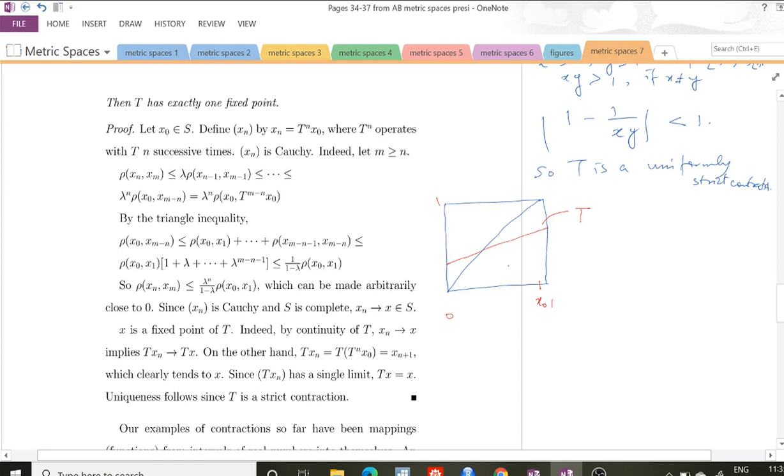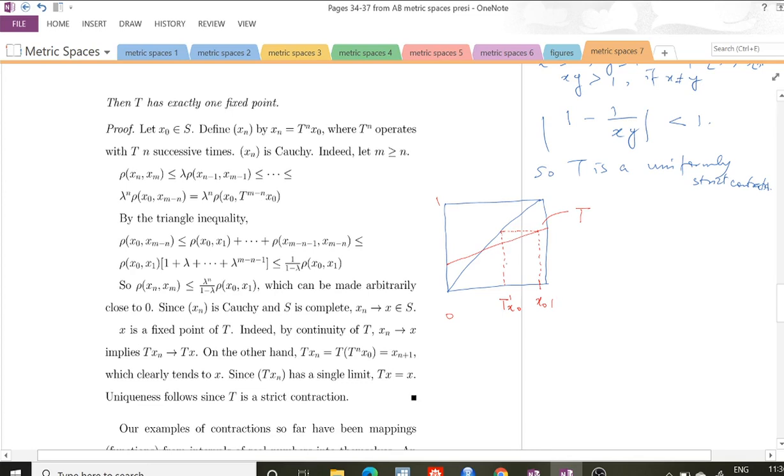So what does the sequence look like? If I operate once, that's my Tx naught. And what does the point Tx naught look like in the domain? It's this point, right?